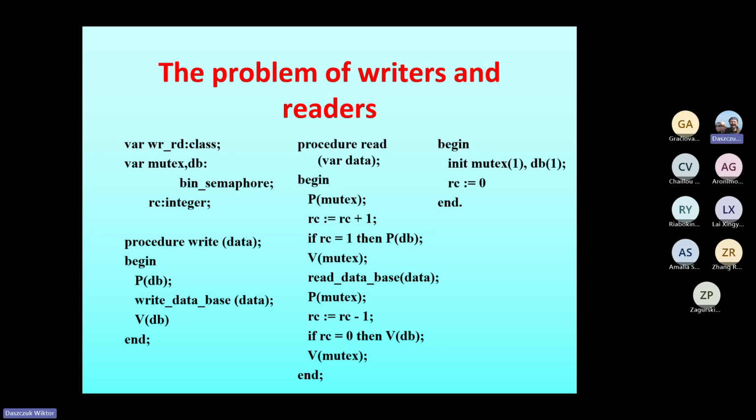And the third assumption is that readers can read in parallel. It means that when one of the readers started to read, we can let other readers read freely, but we exclude writers.